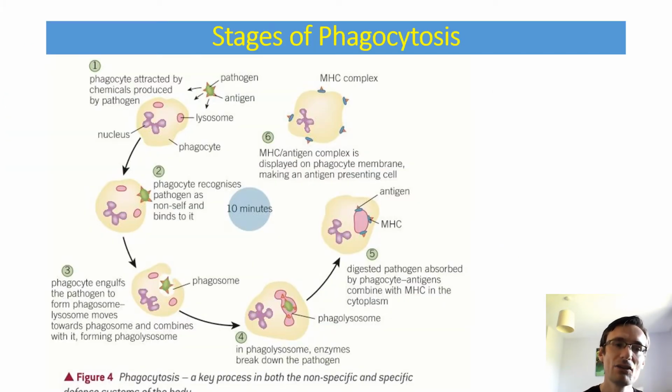Again, just a different way of showing it here. The phagocyte is attracted by chemicals that might be released by the pathogen. It attaches, engulfs the pathogen into its own vacuole, and then the lysosomes release the lysozyme enzyme to break it down, and it becomes an antigen-presenting cell.